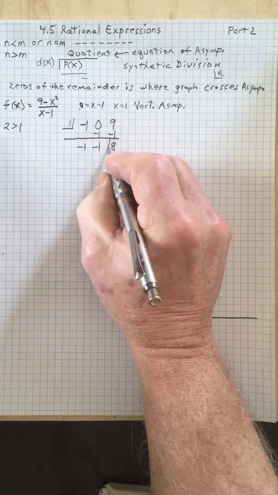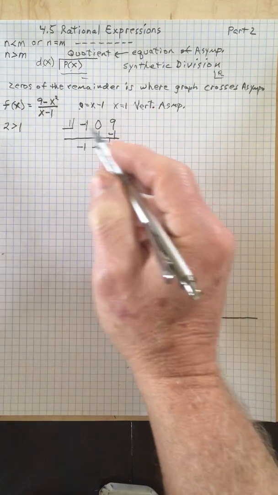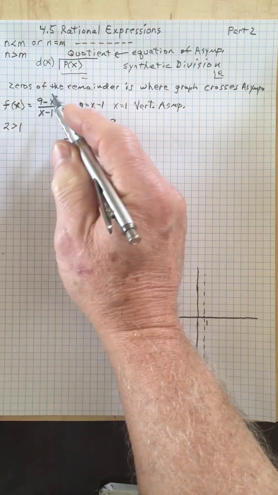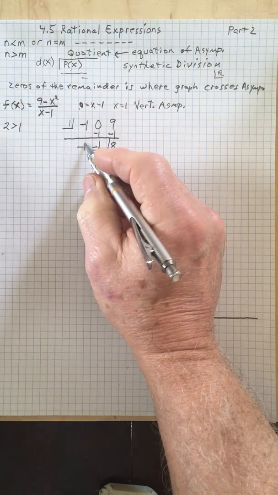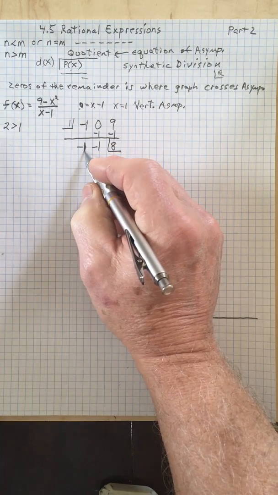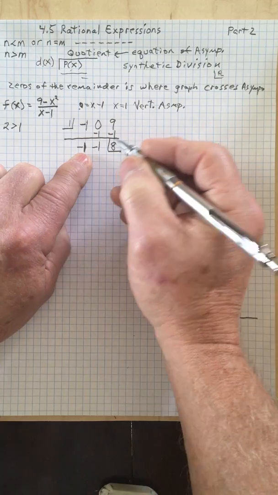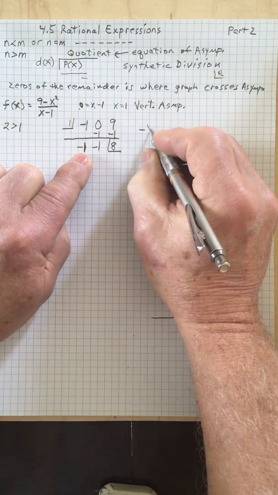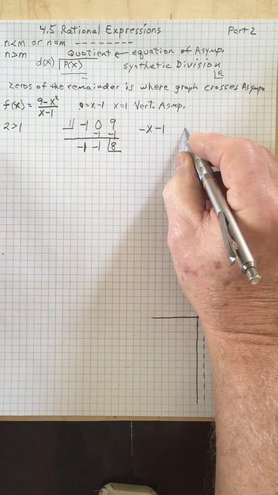I got a remainder of 8. And recall that if I'm dividing an x squared by an x, this is going to reduce by 1, so that's actually an x, representing a coefficient on x. So what do I have here? Minus x minus 1, remainder 8.